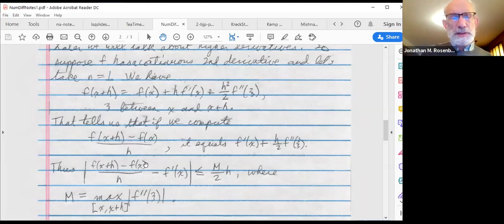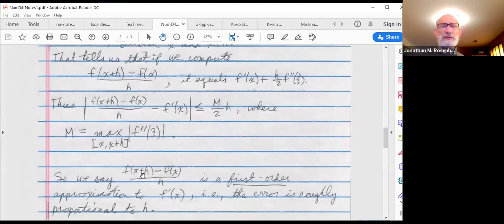So that tells us that the difference quotient over here converges to f prime of x at a rate that's roughly proportional to h. Notice that this thing is roughly proportional to h. So as h gets smaller, the error goes down, but it doesn't go down all that fast.